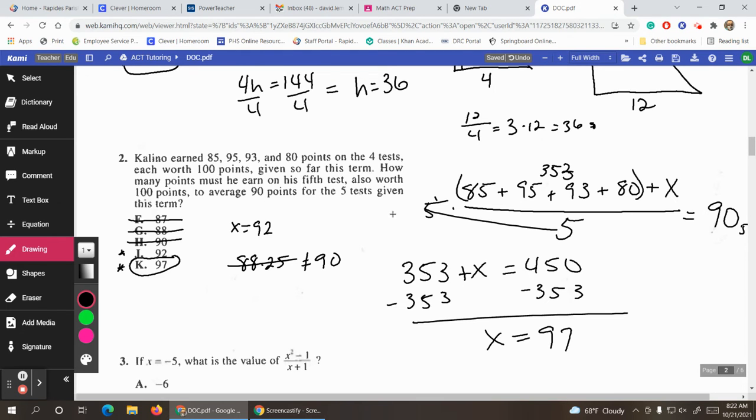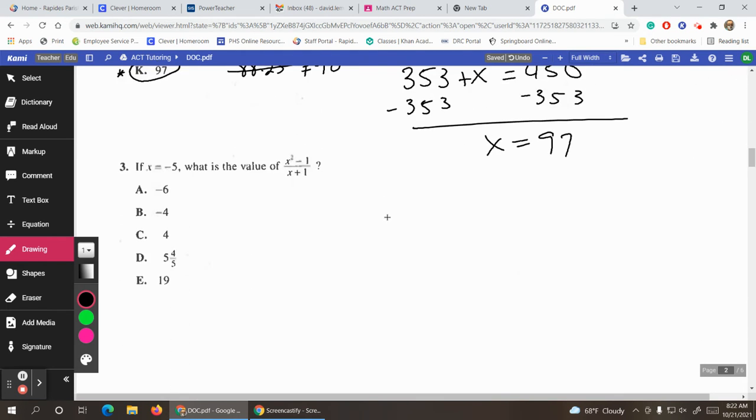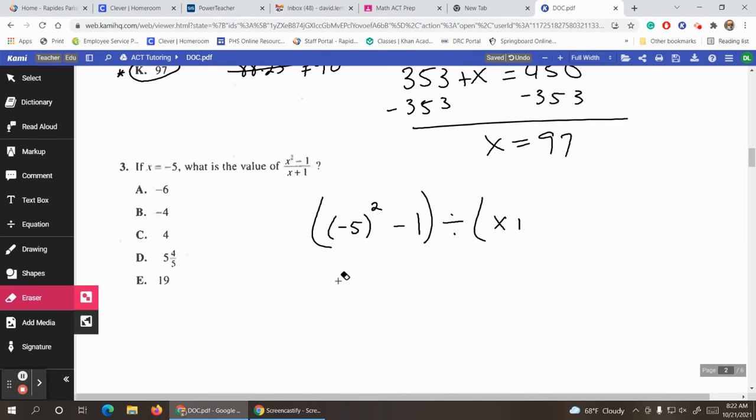Okay. Number three is solidly a calculator question. Here's how you would put it in the calculator. You would say parentheses, -5, close parentheses, hit the square button, move the arrow over, -1, and all of this would have to be in parentheses, then divided by, open your parentheses, x, sorry about that, x is -5, so -5 plus 1, all in your calculator.